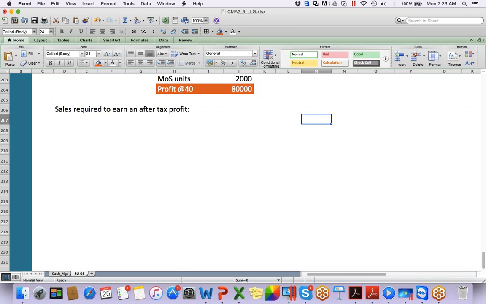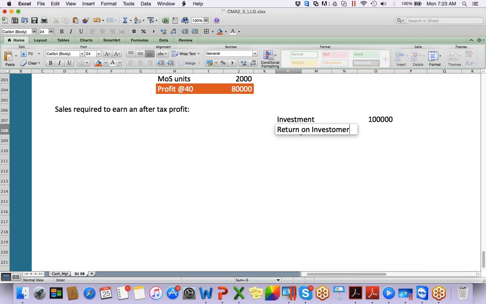First of all, if our investment is say 100,000 and I want a return on investment of say 20% after tax, and you have to look for tax percentage.